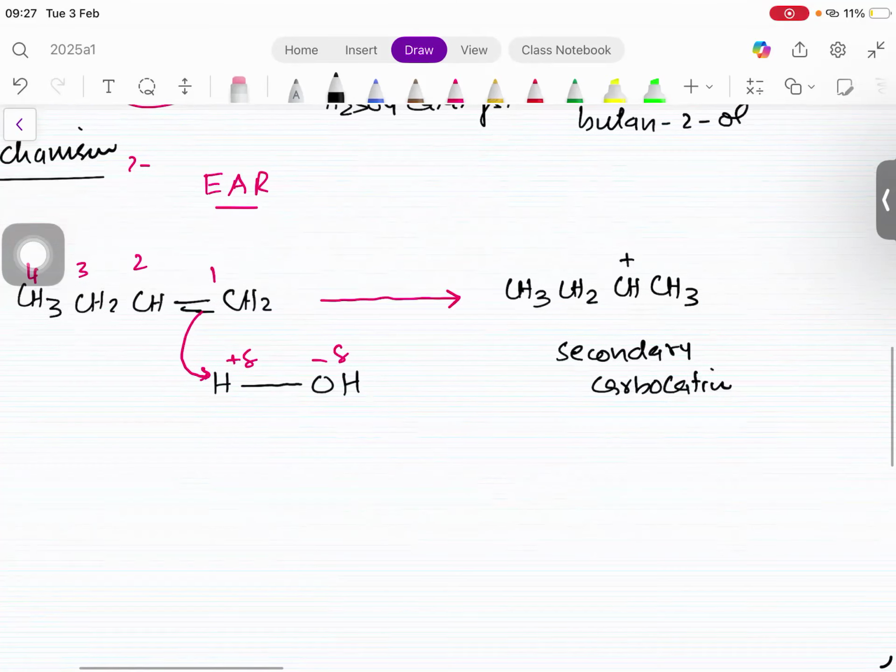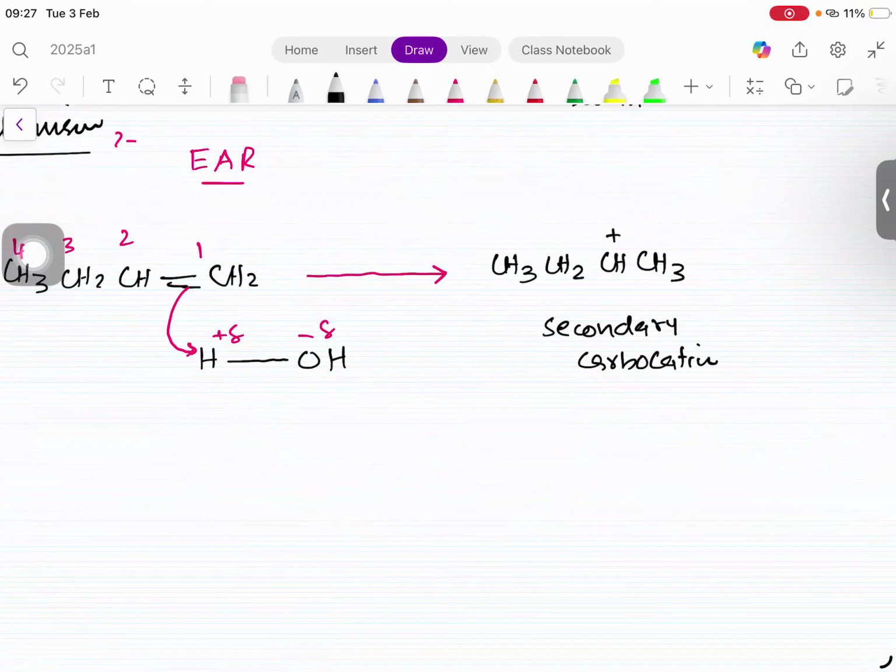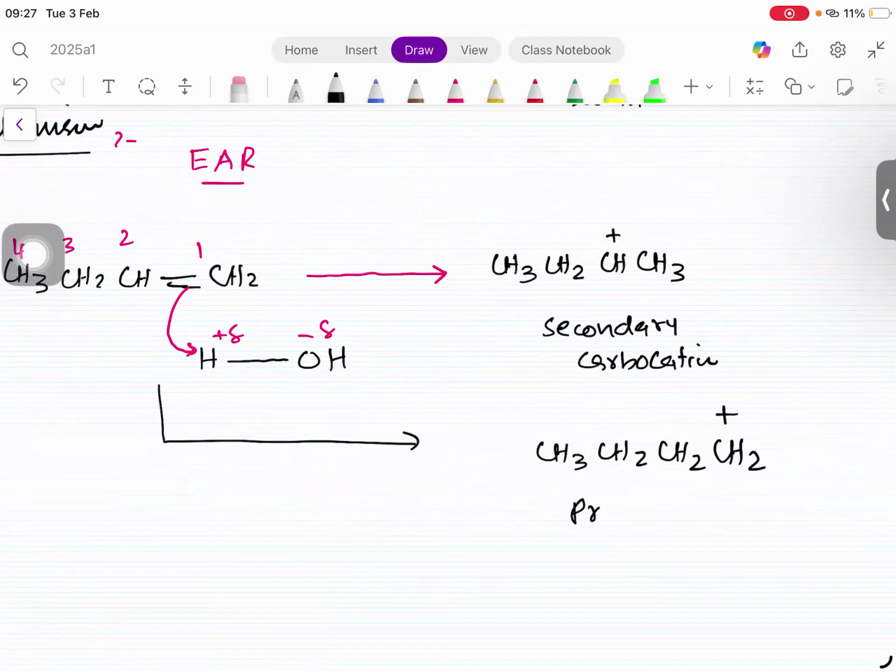On the other hand, there is another possibility: if CH3, CH2, CH attached here, then CH2 positive on this side. So this is the possibility of a primary carbocation.